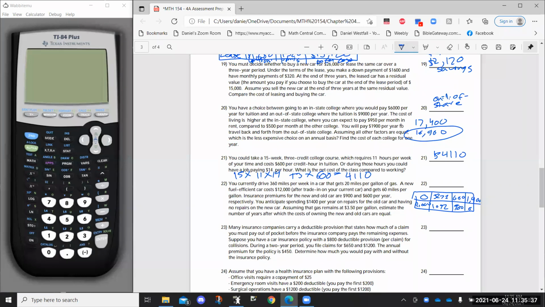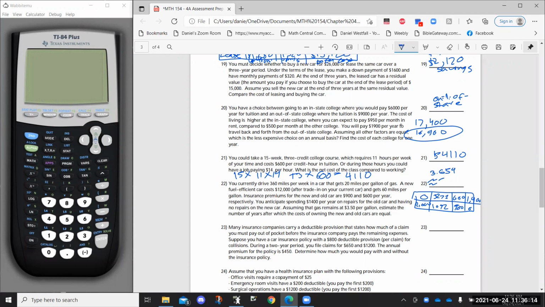And so we're going to figure out when the cost would be equal. It's going to be at 3.654 years, and it says to round to the nearest tenth of a year.